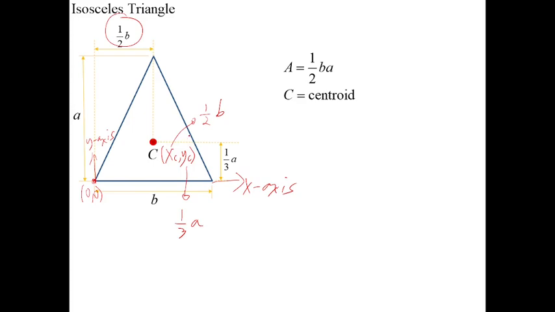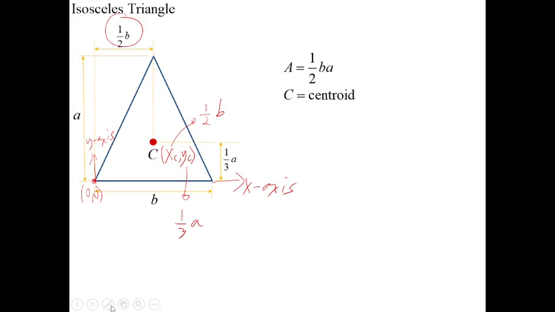Okay? Pero hindi na topic yun sa calculus yun. So, memorize yun na lang, no? Yung mga dinidiscuss ko ngayon na mga formula ng centroid. Para sa isosceles triangle, x-coordinate is 1/2 b, y-coordinate is 1/3 a.